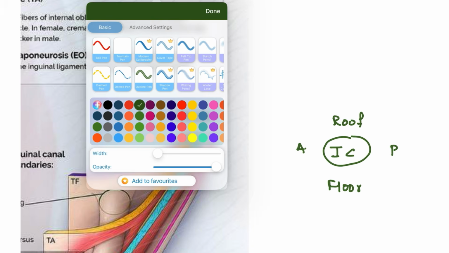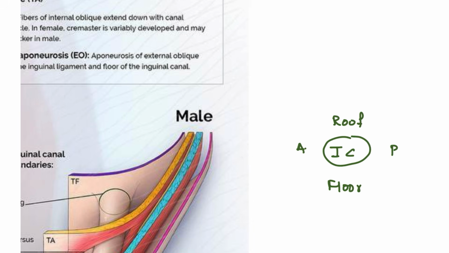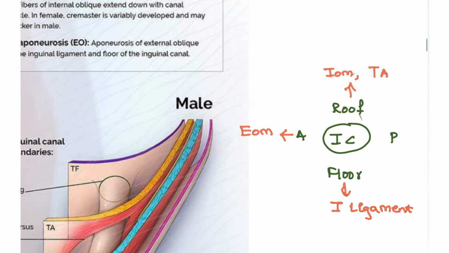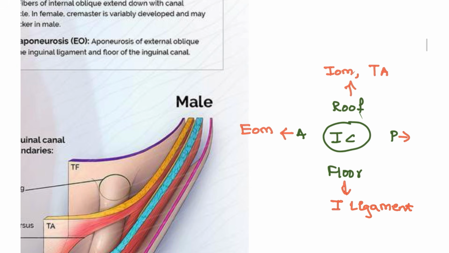In the roof we have the internal oblique and transversus abdominis muscles. On the anterior side we have the external oblique muscle, and on the floor there is the inguinal ligament. On the posterior side we have the fascia, the transversalis fascia.